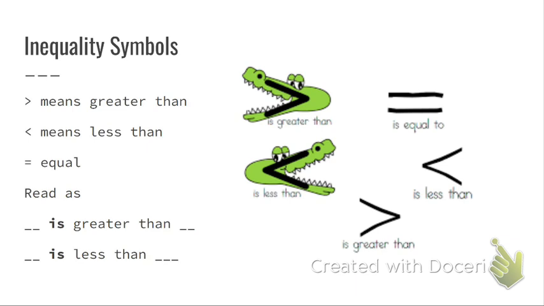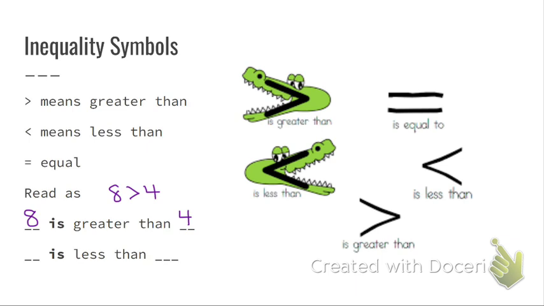When we read it, because in English we read left to right, then we call that first symbol, where it's open to the left, greater. So for instance, 8 is greater than 4. That would look like this.